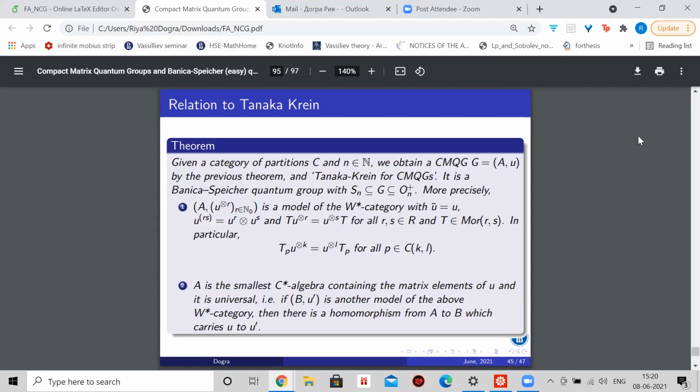And if yes, then it's not clear to me how it depends on the choice of the natural number n.